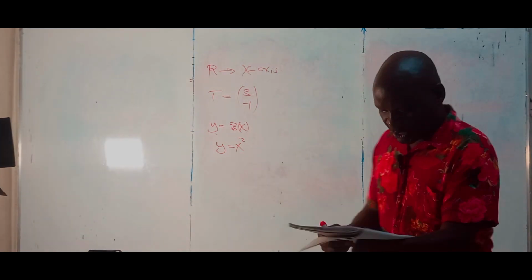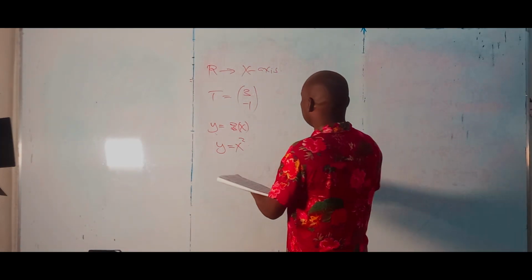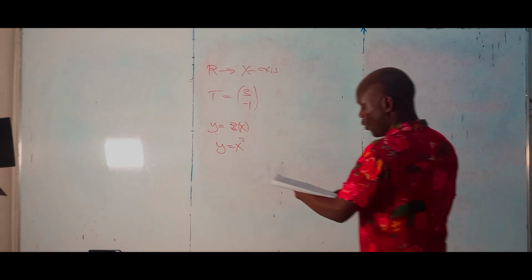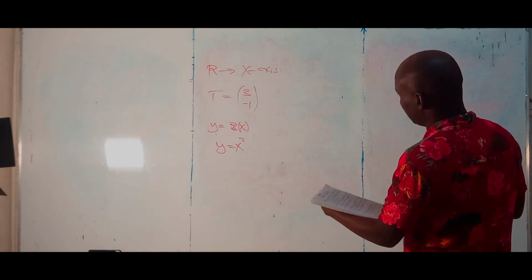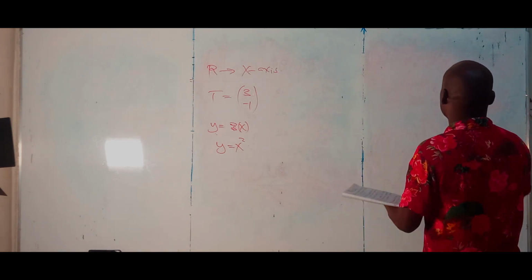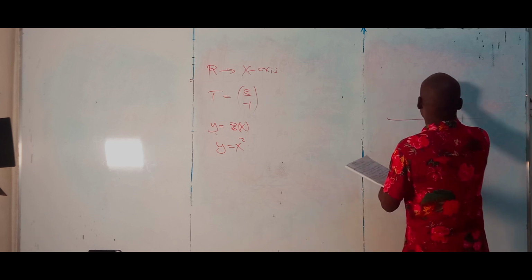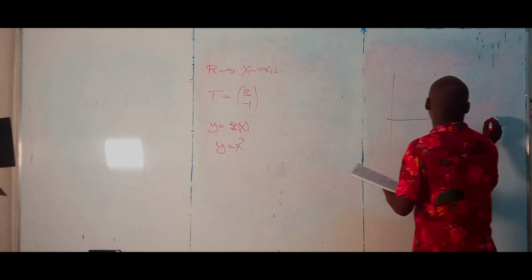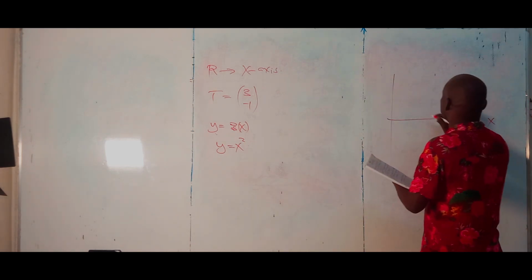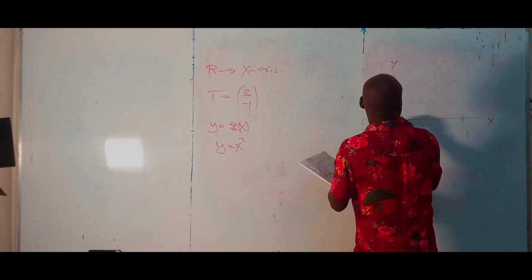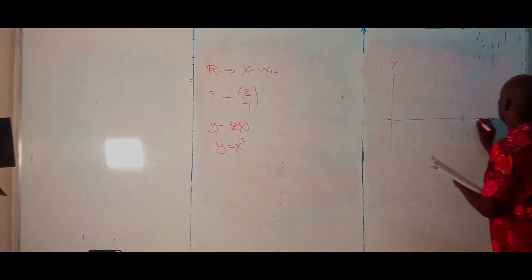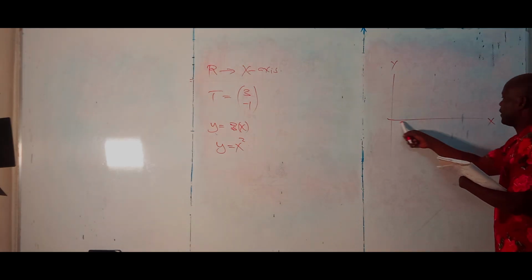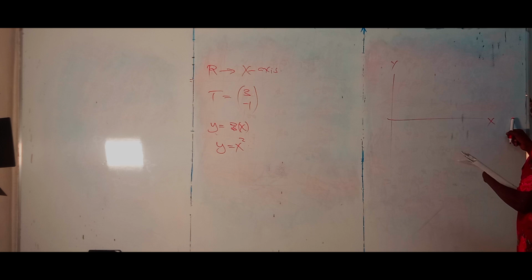A reflection in the x-axis changes the sign of the y coordinates. If this is the x-axis and this is the y-axis, the x-axis is acting as the mirror line.